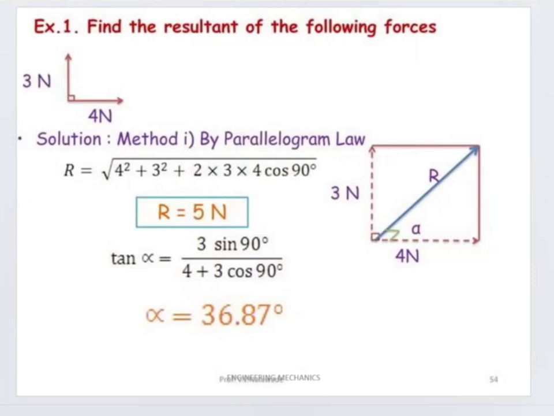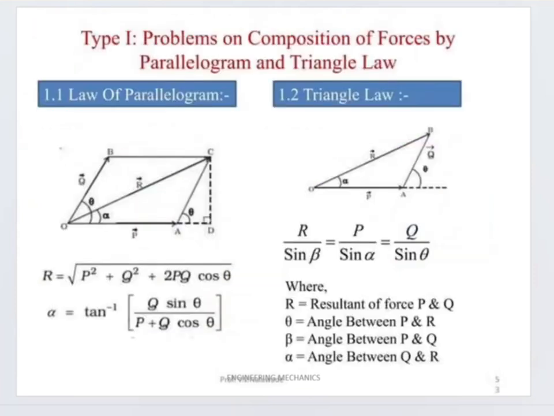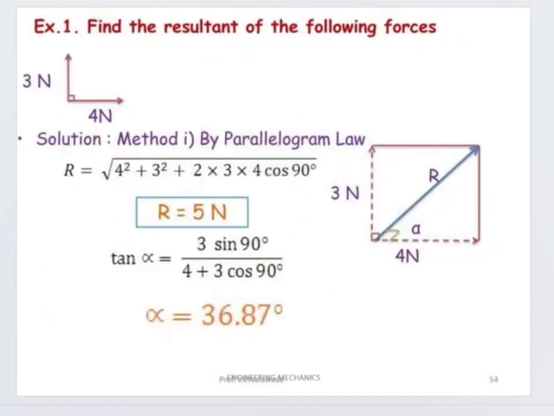By the parallelogram law, as we know, R is equal to the square root of P square plus Q square plus 2PQ cos theta. Putting in the values, P is 4 and Q is 3, so 4 square plus 3 square plus 2 into 3 into 4 into cos of 90 degrees, because the angle is 90 degrees.